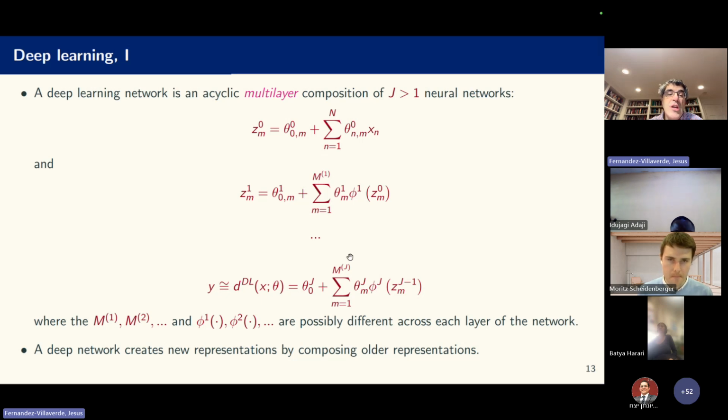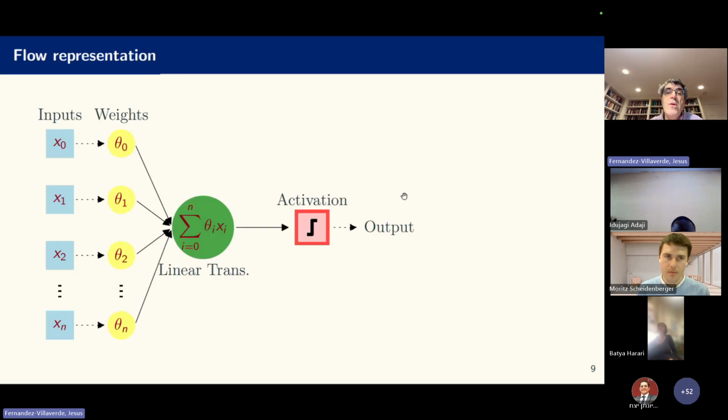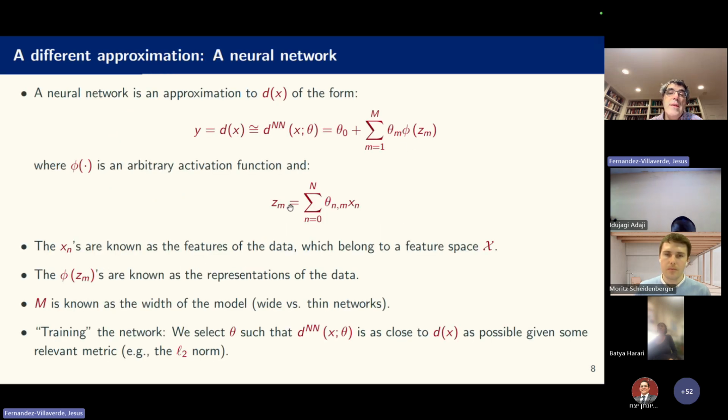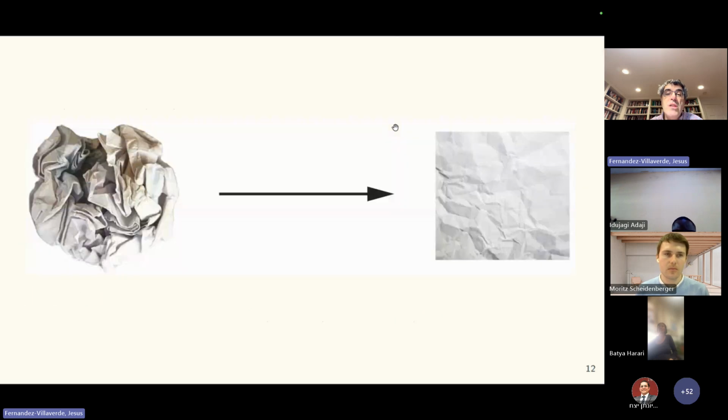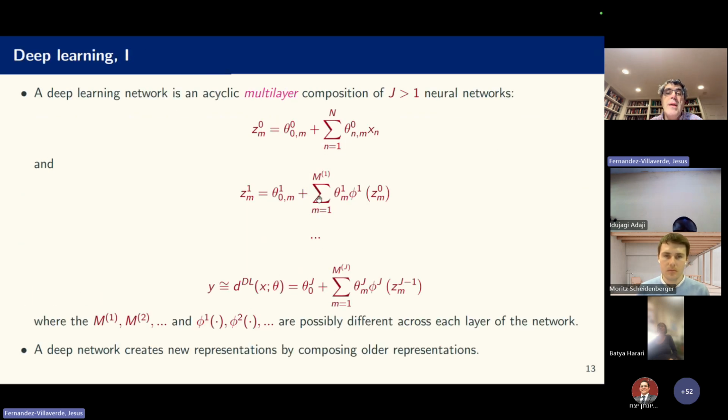And we do that j times. So it's exactly the same that we were doing before over here, where we take the features of the data, we take linear combinations and we activate them, and then we take linear combinations again, except that we are going to do this again and again until we do it j times. So as I say over here in this bullet point, what we do is we continuously create new representations of the data by composing older representations.